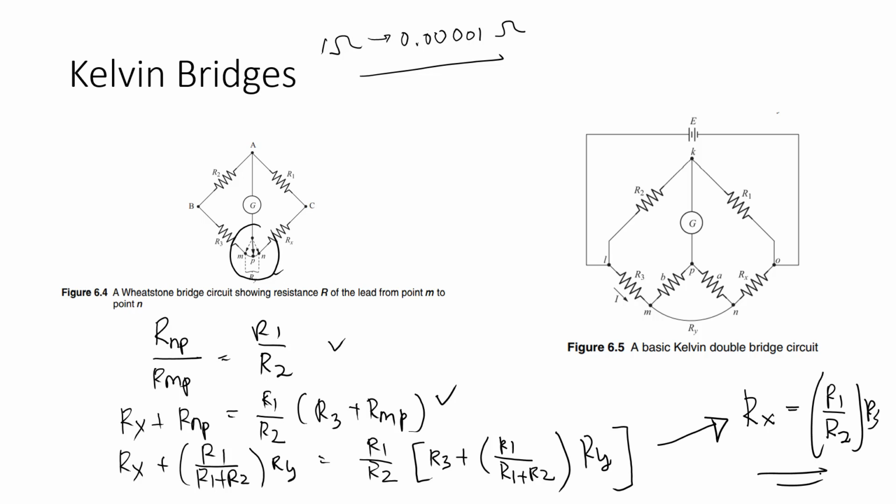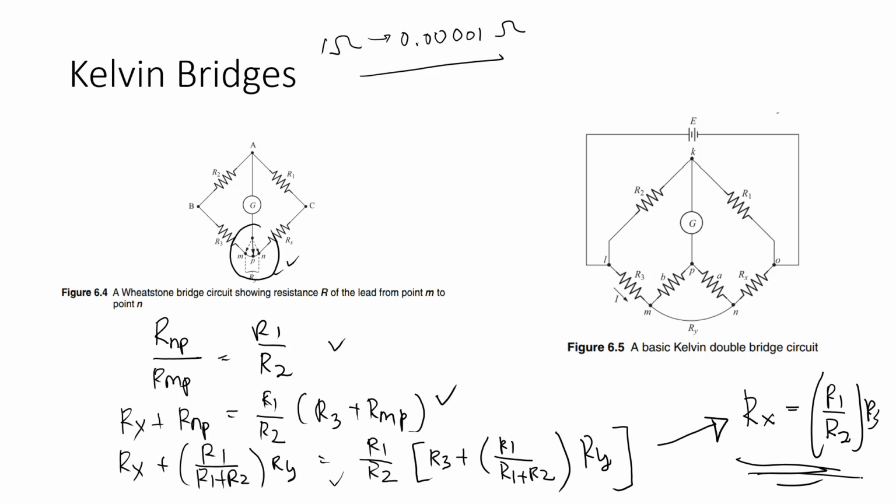In this situation, if we use the Wheatstone bridge to measure a very small resistance, we cannot see the effect of the small resistance because of the many variables we don't account for, so we just get the Wheatstone bridge equation.